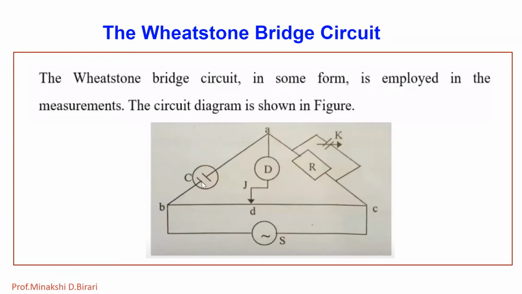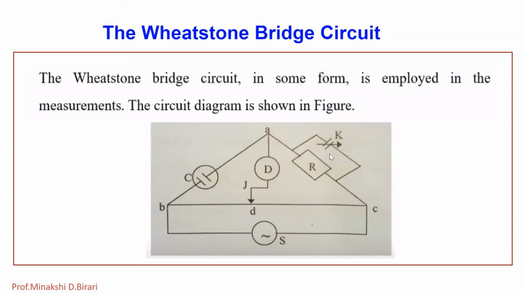So we will consider the Wheatstone bridge circuit by using this figure, where C is the conductivity cell, D is the detector, S is the source, and K is the capacitance. K and the resistance are both in parallel.